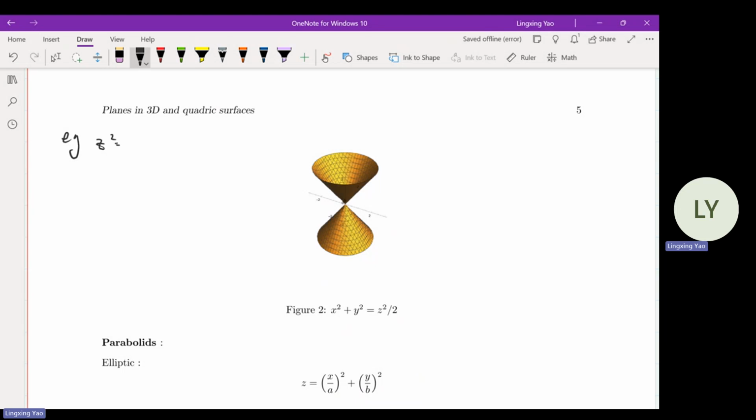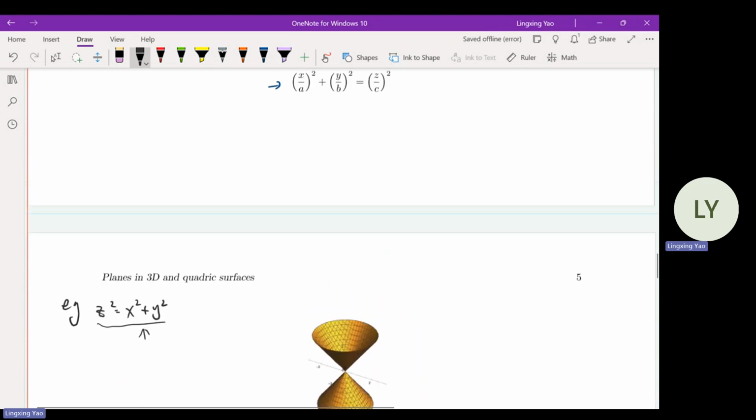Otherwise, you will have some difficulty processing those solids, especially their special shapes, where the edges or surfaces are prescribed by those quadric surfaces. For example, this one is supposed to be a cone, all right?